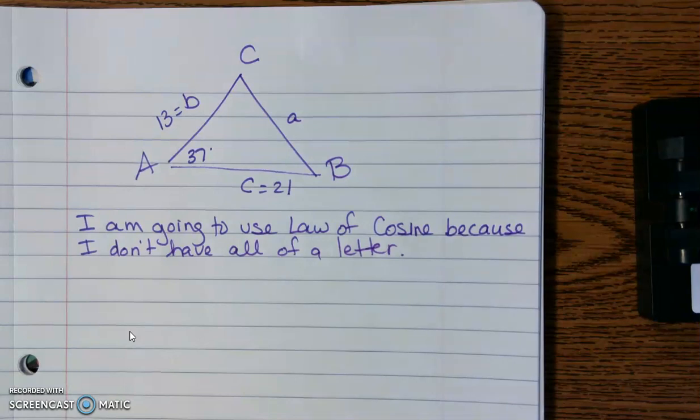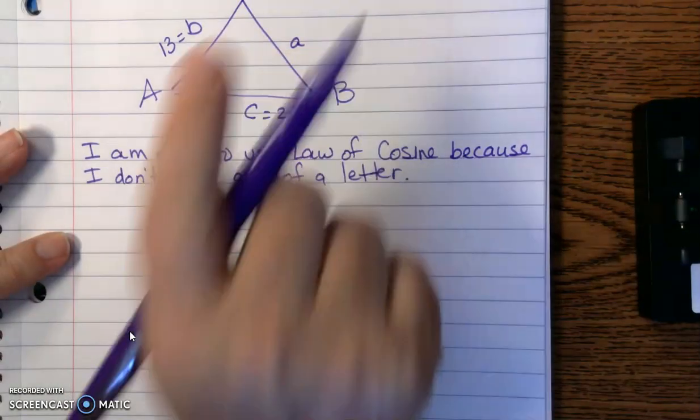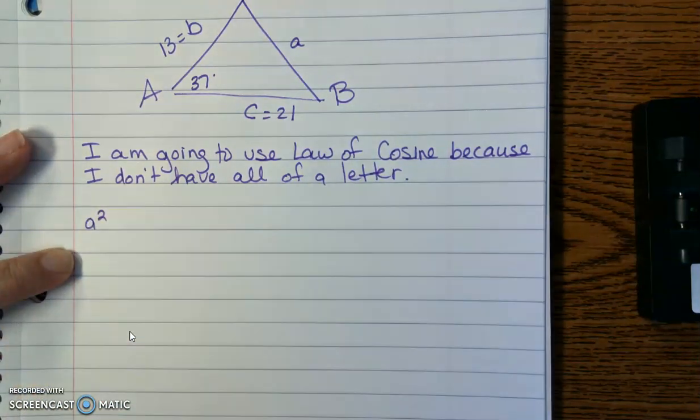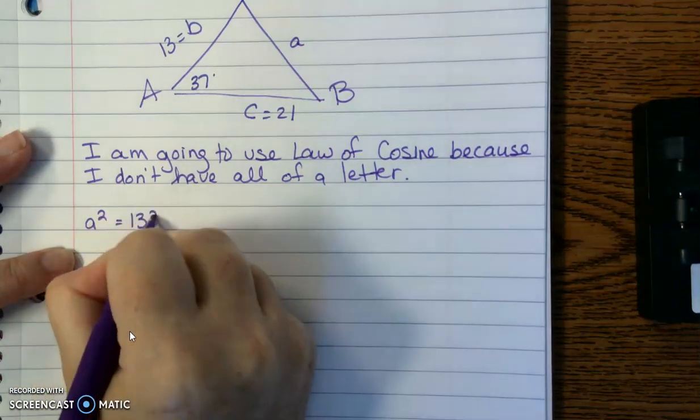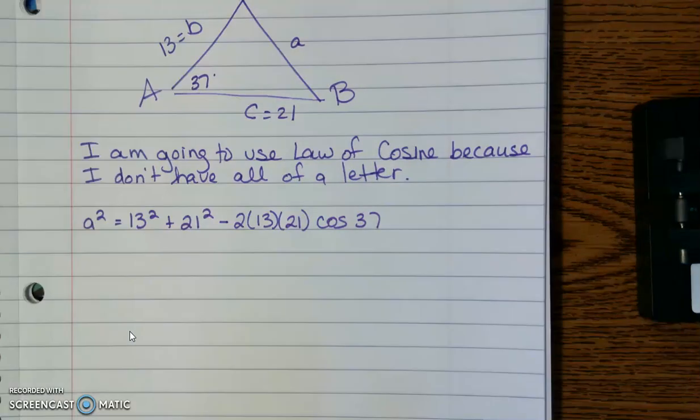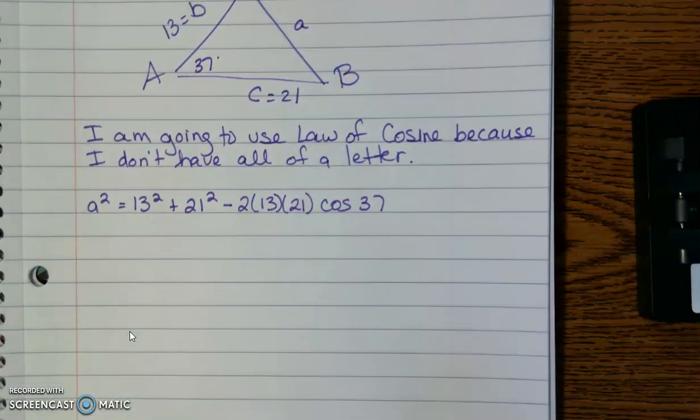So now we've got to solve all the missing sides. We're solving for the rest of the triangle. Because I have this angle, I have to find its side. If you forget, you'll quickly learn you'll have multiple unknowns. So it's a squared equals b squared plus c squared minus 2 times b times c cosine of 37. Please do not break this up.